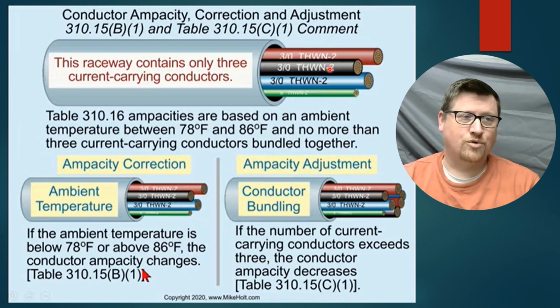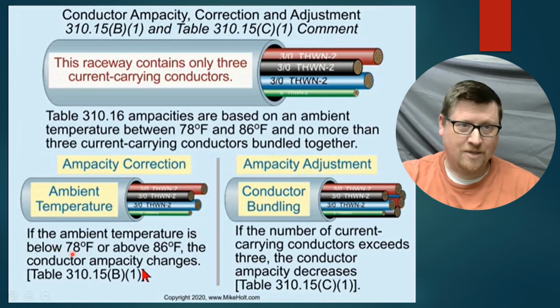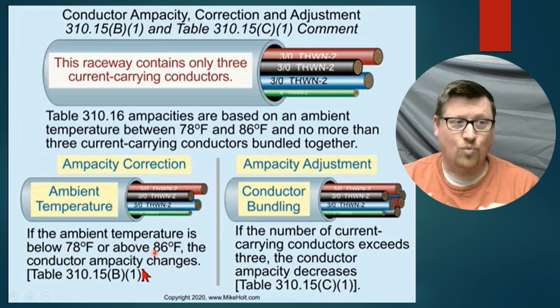So then we're going to look at the ambient temperature, and we're going to do an ampacity correction for temperature. Based on what the ambient temperature is, if it is anything other than 78 up to 86, then we're going to have to make a correction, one way or the other, right?